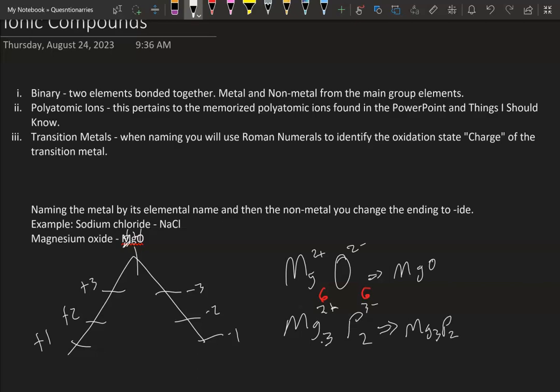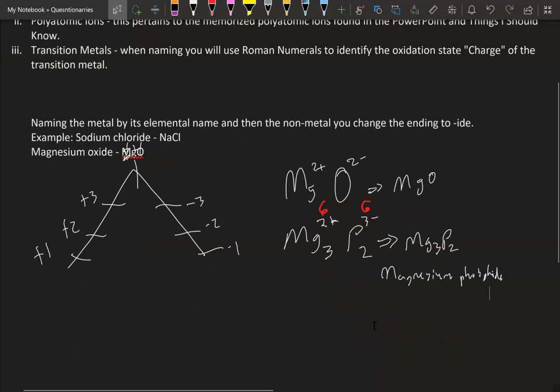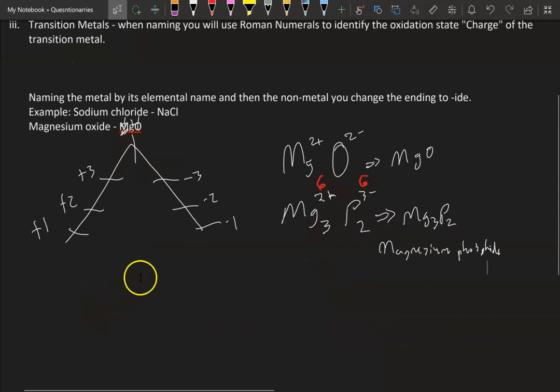Now the name of this would be magnesium phosphide. All right, so magnesium phosphide. Now we can carry this on. So let's say we have a compound, let's say barium nitride. All right, so barium nitride is going to be Ba.